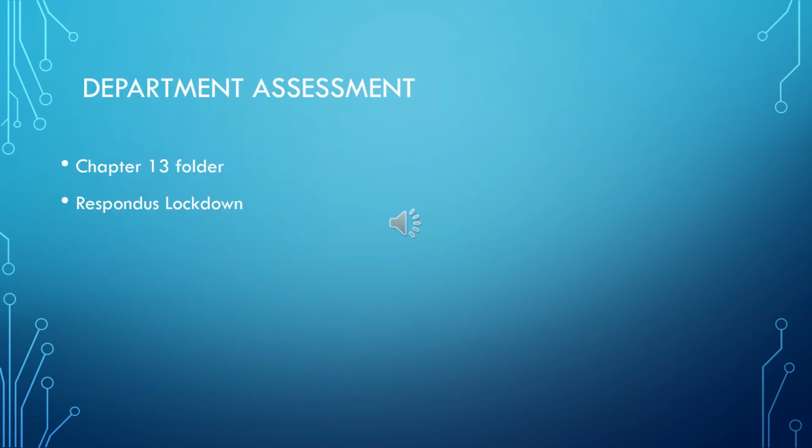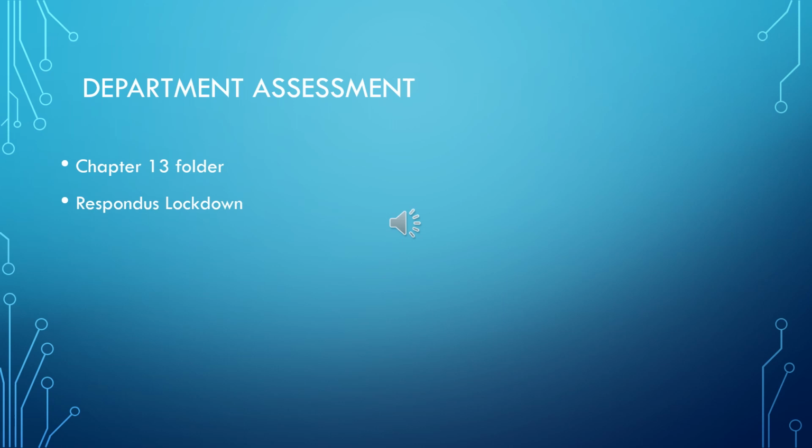This class has a department assessment. That is where all the sociologists at Chattahoochee got together and we developed a test together. It's a multiple choice exam. That exam is in Chapter 13's folder, and you'll find there information about the Respondus LockDown. So you will need to use that.